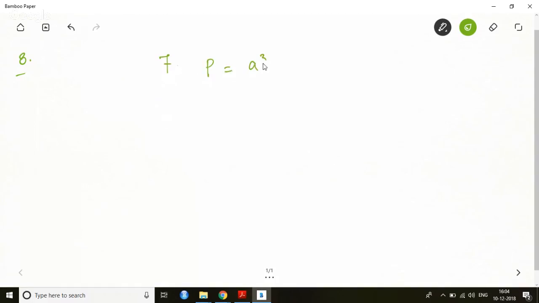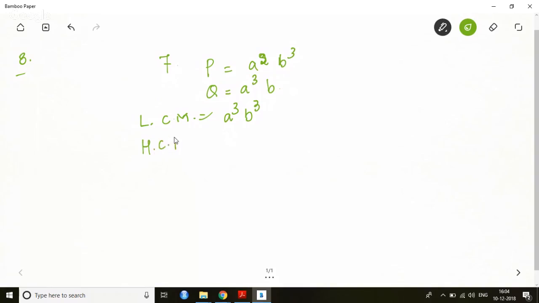P is equal to A square B cube. Q is equal to A cube B. So LCM would be highest power of A in both of them, that is A cube, and highest power of B in both of them, that is B cube.